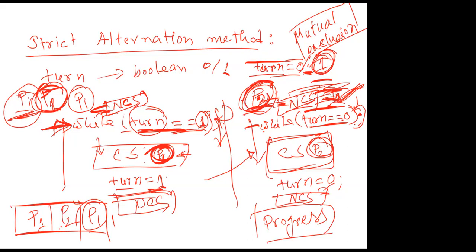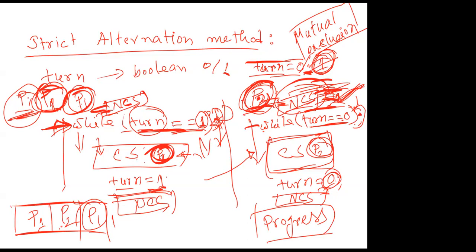But because process P2 is not entering the critical section, P1 is blocked here. No process is in the critical section, but still another process cannot enter it. P2 is executing the non-critical section, but P1 is still blocked. P1 cannot enter the critical section, because only when P2 completes its critical section will it make the turn value 0, and then P1 can execute the critical section.